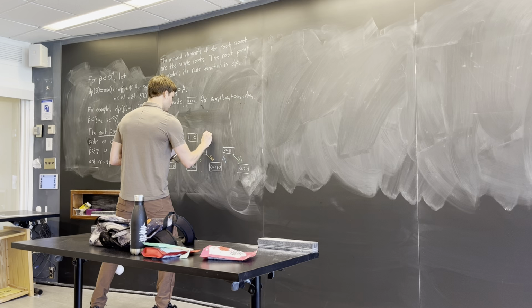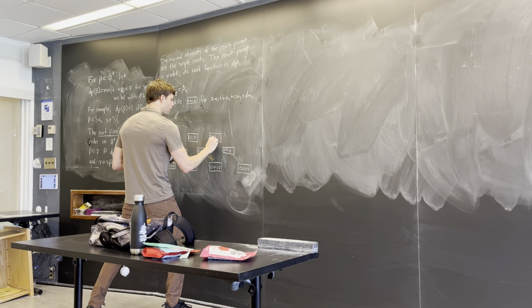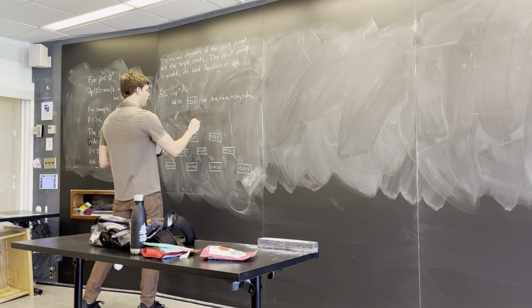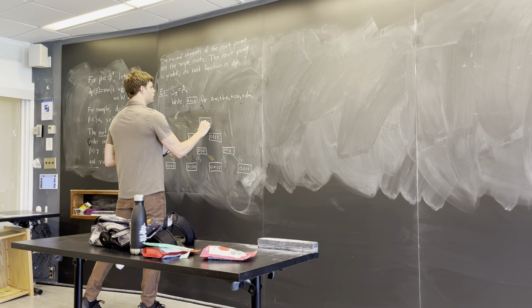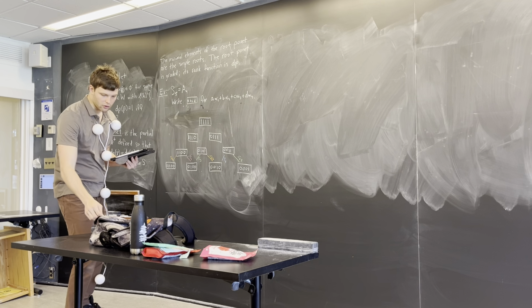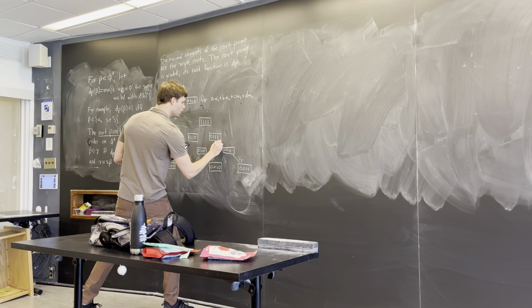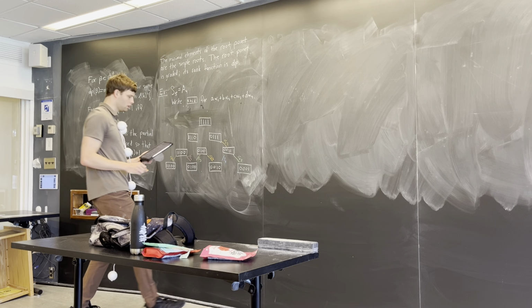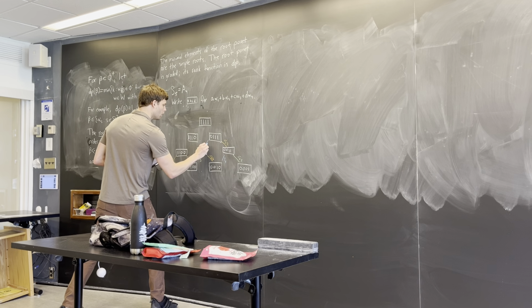Here I want alpha 2 plus alpha 3 plus alpha 4. And then at the very top, I'll get just alpha 1 plus alpha 2 plus alpha 3 plus alpha 4. And I should write down the edges. So here, this is S2. Here, this one is S4.